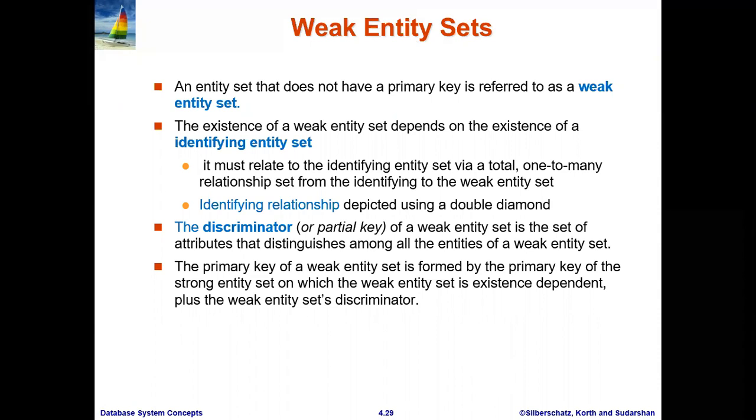A weak entity set doesn't have a primary key; it has a partial key which distinguishes the set of attributes among all entities of the weak entity set, and it is called a discriminator. An identifying entity set is a strong entity set which has a primary key, and on this identifying entity set the weak entity set depends.